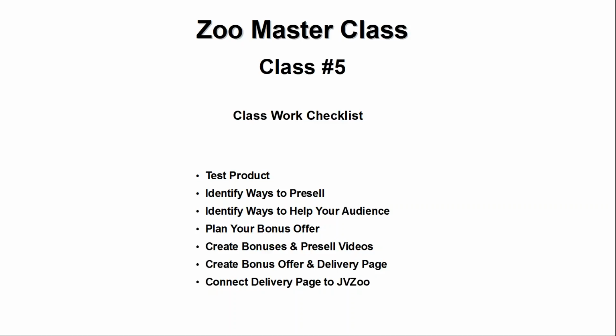First, you test out the product, identify ways that you could pre-sell it, identify ways that product could help your audience. Use this information to plan your bonus offer and even plan what you might cover in those pre-seller bonus videos. Then you create your bonuses and your pre-sale videos. Then you create your bonus offer and your delivery page. And then finally, you're connecting that delivery page up to JVZoo.